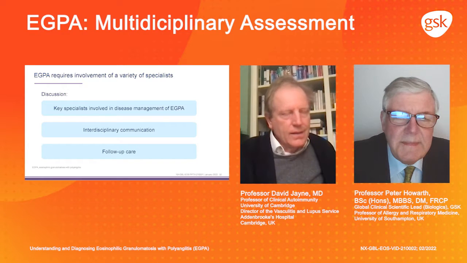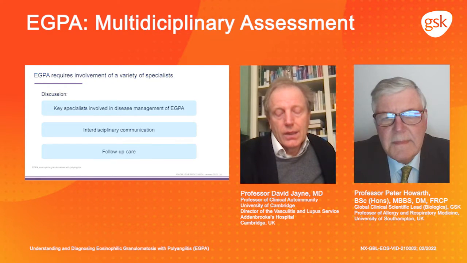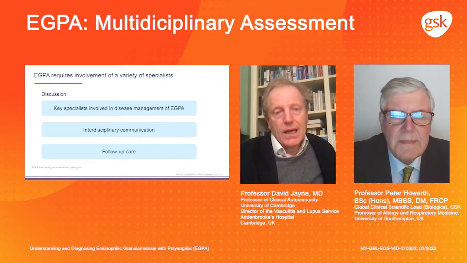So I think the key thing is, we think registries are very important to catalogue what you're doing, but registries I think are also an important tool for quality control. So you can assess serious adverse event rates, you can assess relapse rates.